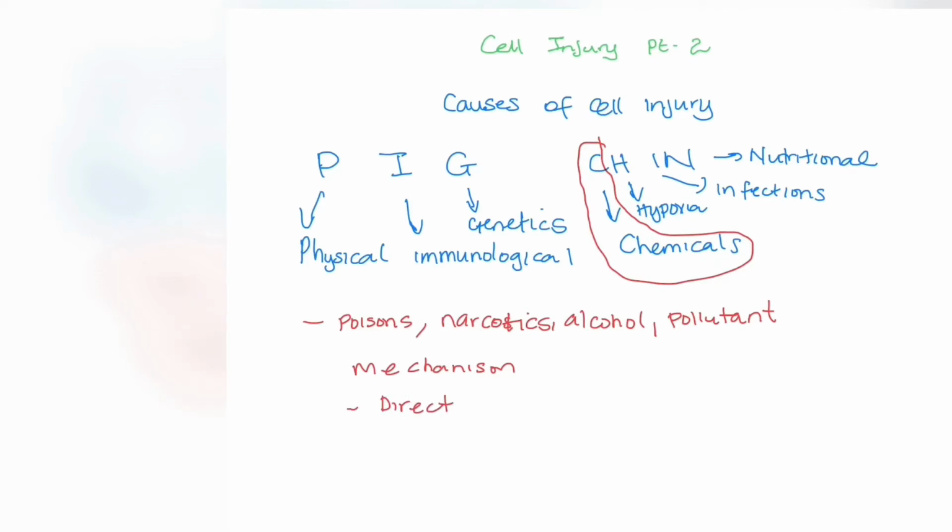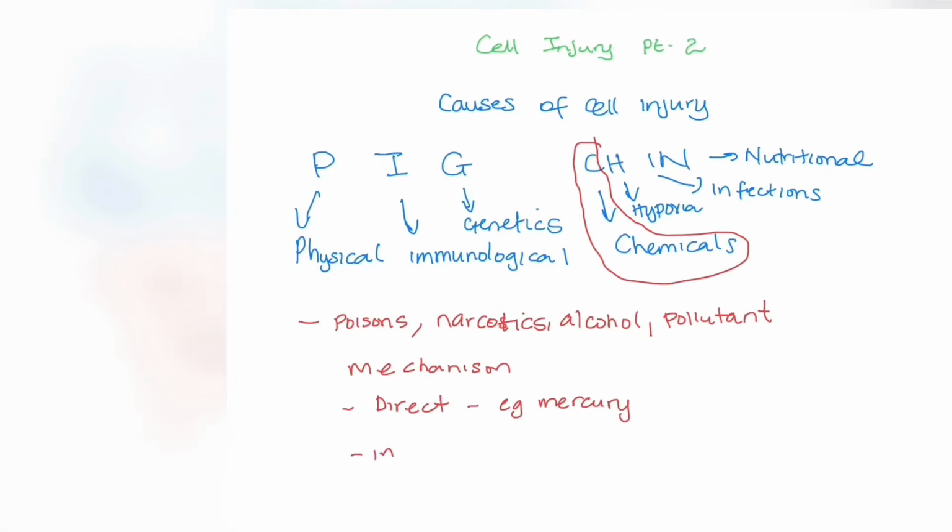There are two major mechanisms for chemical injuries. The first is direct injury. Compounds such as mercury, or elements I should say, combine with other drugs and can cause damage to your cellular organelles. The next is injury after modification, where these substances are converted to free radicals, and these free radicals then induce chemical damage.